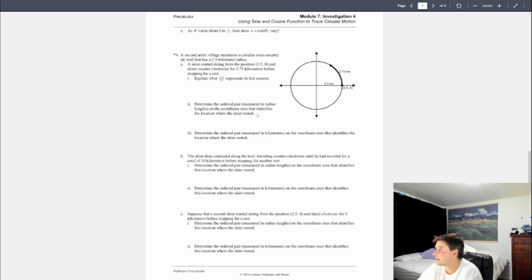Let's try it, see if it makes sense. 0.45 times 2.5, 1.125. Close to the half point, which kind of looks like it is, but not exactly.